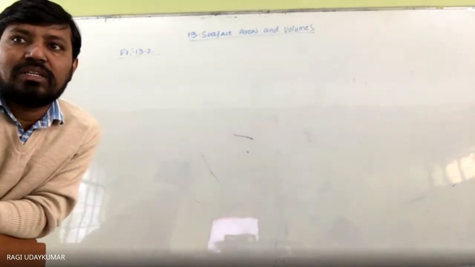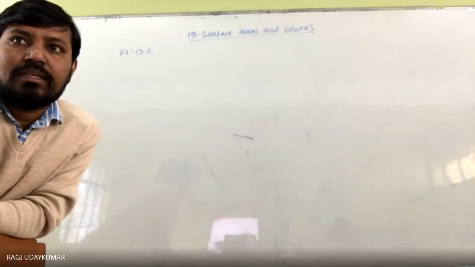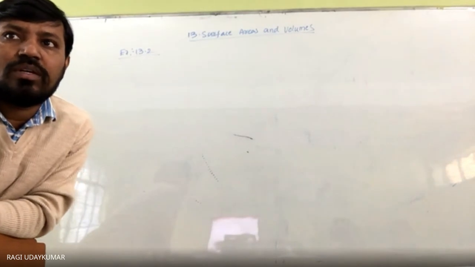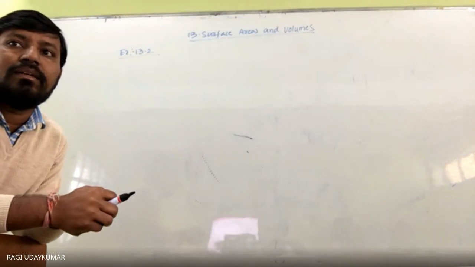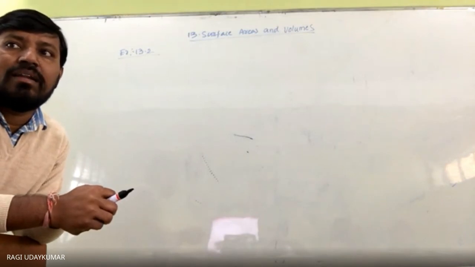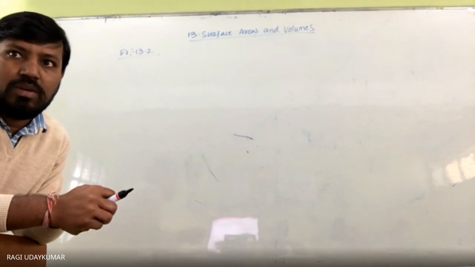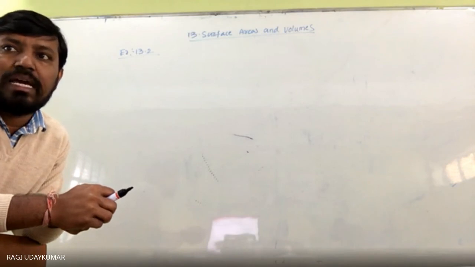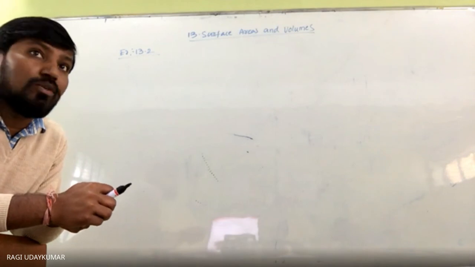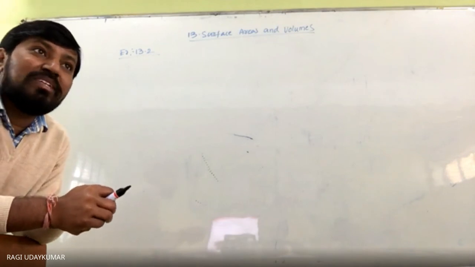And the last question in this exercise: the students of the Vidyalaya were asked to participate in a competition for making and decorating pen holders in the shape of a cylinder with a base, using cardboard. Each pen holder was to have a radius of 3 centimeters and the height is... radius only given here. In all the problems it is given diameter.